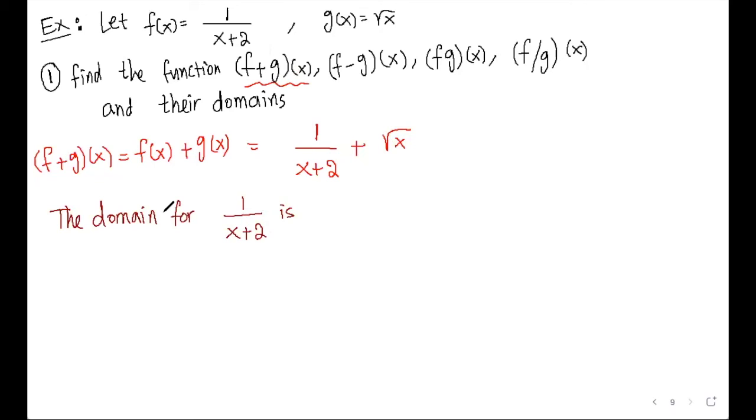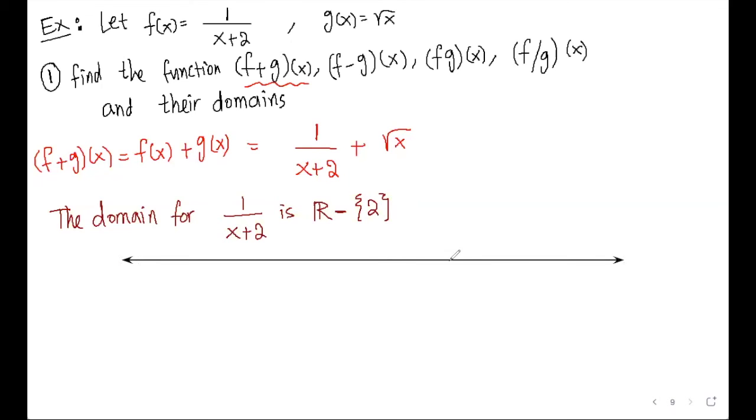All real numbers except -2. Yes. So the domain for this one is R minus -2. I'm going to graph the real line to show you how to find the intersection. So this is the real line for the first function, all real numbers except -2.